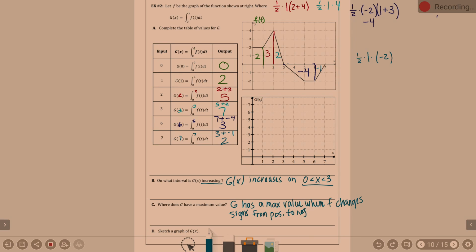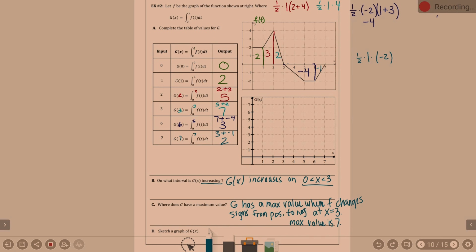Okay, so that's at X equals 3. If they say, where is the max value? It's at X equals 3. What is the max value? Max value is 7. You remember talking about that last semester? Okay, we talked about that. I think it was in Unit 5, where the max value occurs at X equals 3, but the max value itself is 7. Okay.